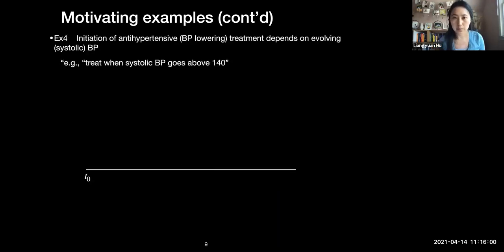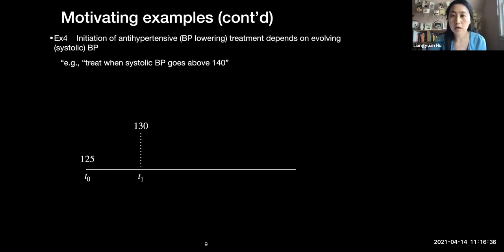The next example is also an ongoing project we're currently working on, and it's very similar to the previous example. It's initiation of antihypertensive treatment, which is a blood pressure lowering treatment, depending on the evolving value of blood pressure. The current guideline says treat when systolic blood pressure goes above 140, for example. Similarly, a patient came in, had an initial measurement of 125.